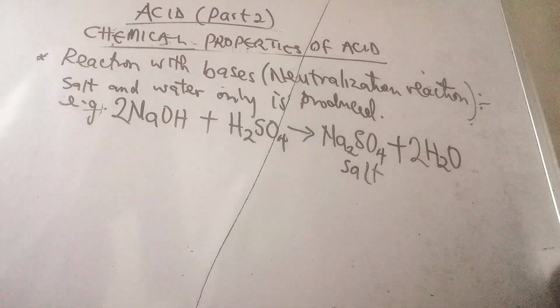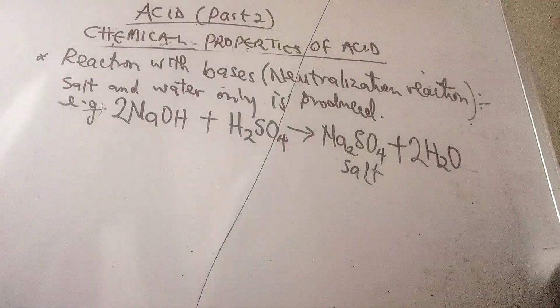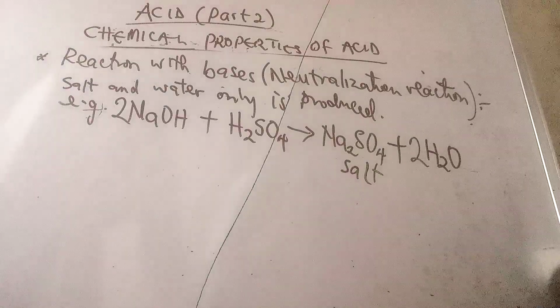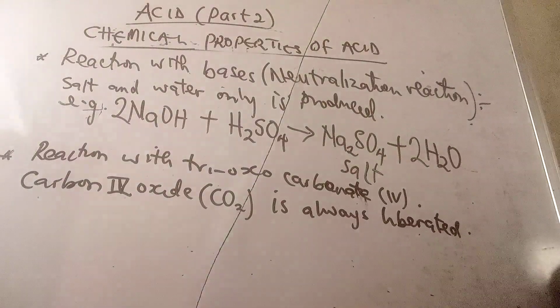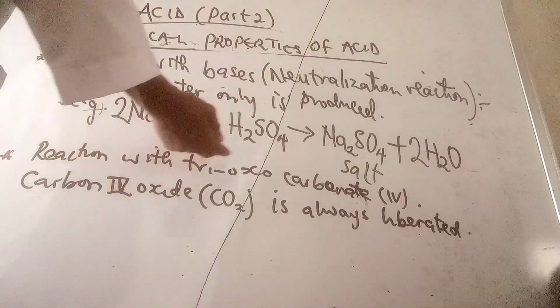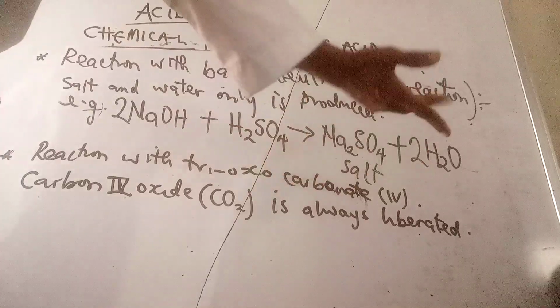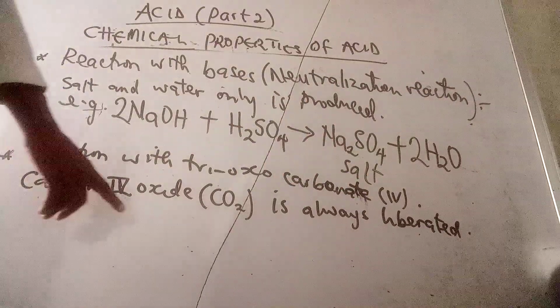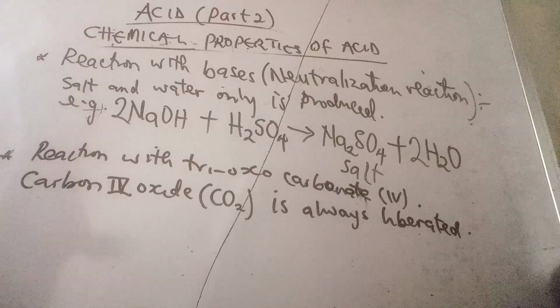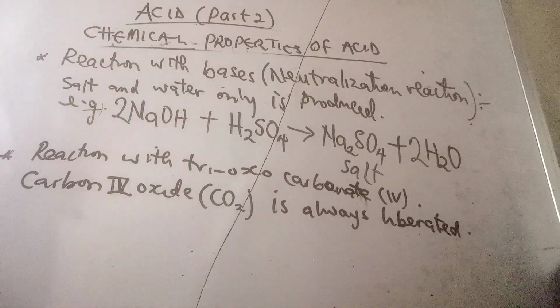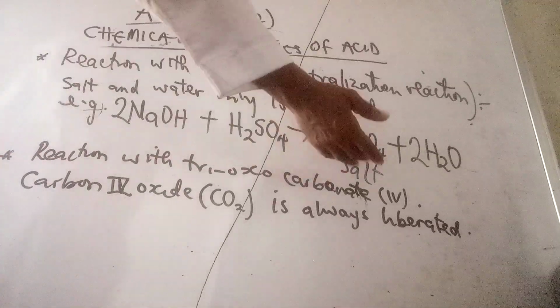Another property, which is a chemical property, is reaction with trioxocarbonate. Whenever an acid reacts with any trioxocarbonate salt, carbon 4 oxide, which is also called carbon dioxide in the old name, is always liberated.